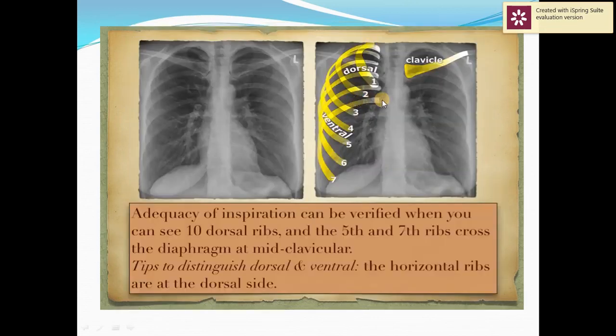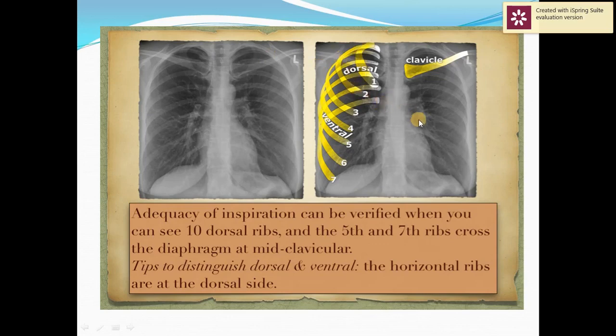And here, as we see, this is the clavicle, and this is the posterior rib, 1, 2, 3, and this is the anterior rib.